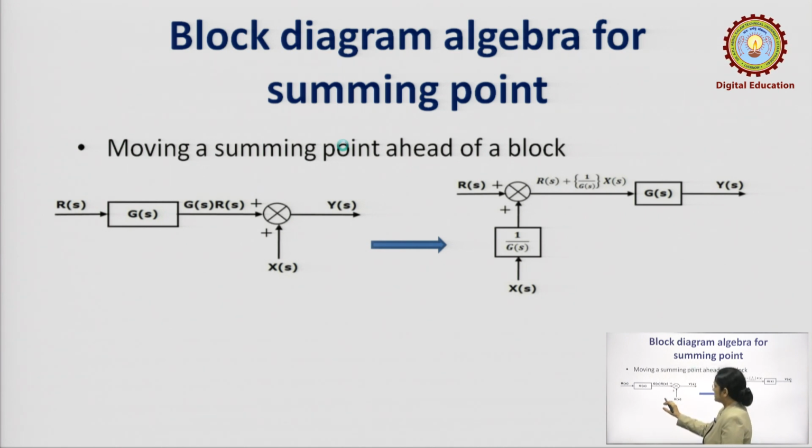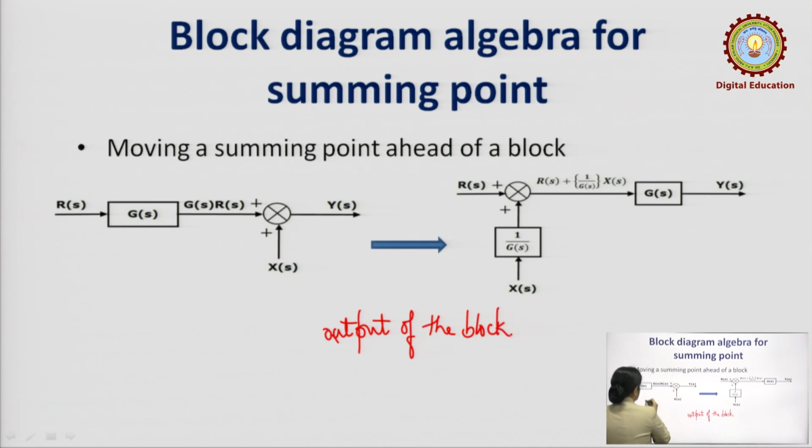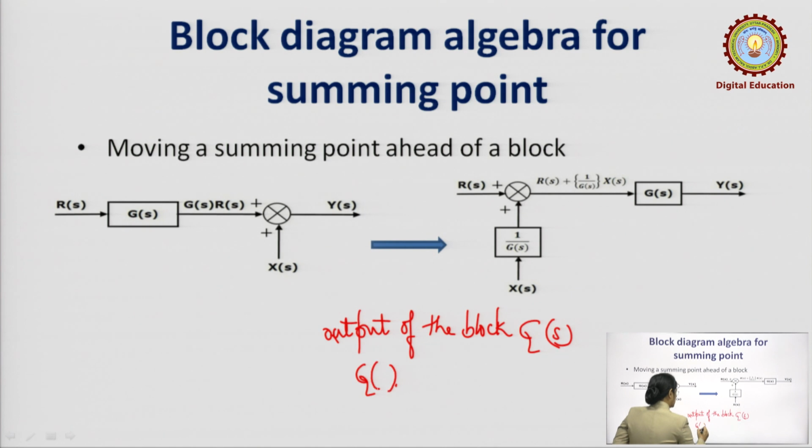Now, let us understand what the output is here. The output of the block for the first case is g of s into r of s.